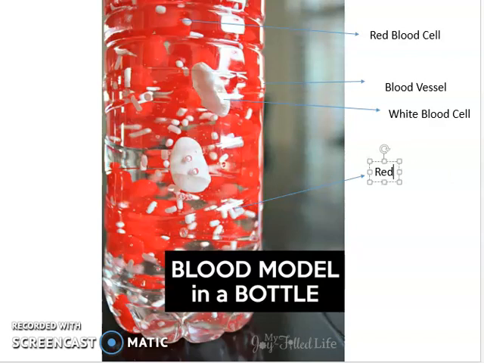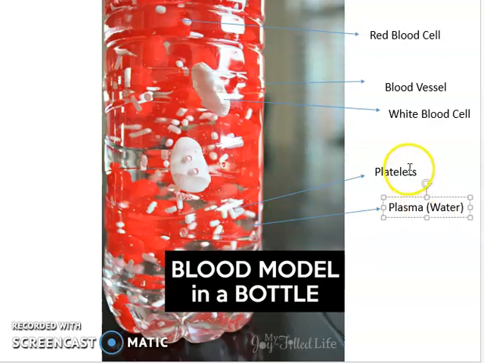So you have small white beads, which will represent the platelets. And then the water will represent the plasma. Remember, plasma is the liquid component of the blood. So I will write here the water. Platelets will be the small white beads.